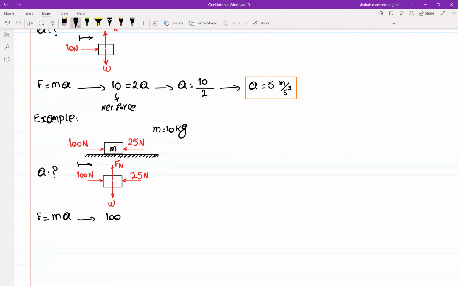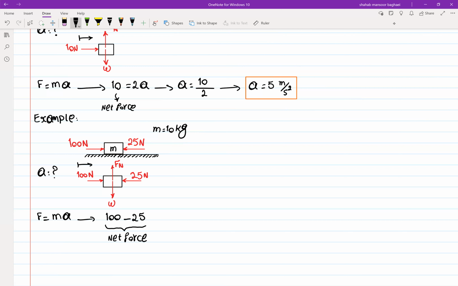It is 25. It is along x-axis, but it is opposite to the motion. Therefore, it should be negative. Apply negative sign because it is opposite force. Minus 25. Therefore, you should apply all of forces along x-axis. Maybe positive, maybe negative. This part is net force right now.